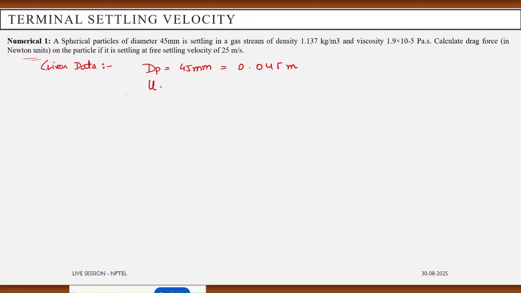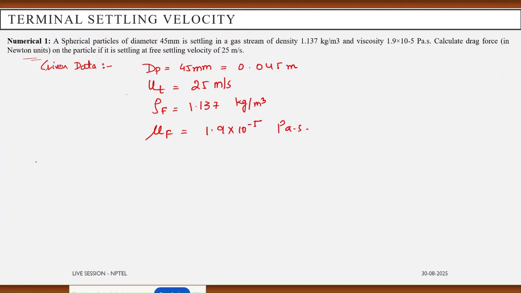The settling velocity is given as 25 meter per second. The density of the fluid is given as 1.137 kg per meter cube, and the viscosity of the fluid is given as 1.9 into 10 to the power minus 5.